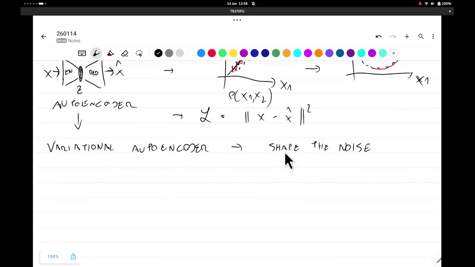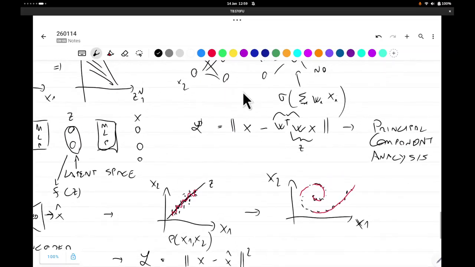So I basically impose that the distribution in the latent space is one I know. I say, okay, out of all possible representations, because I have degrees of freedom in going from x to x back, I choose one that gives a given distribution for the latent representation.